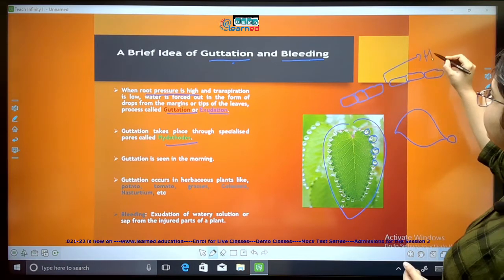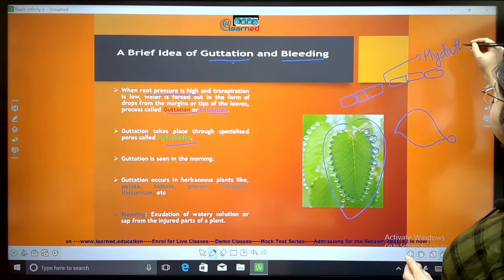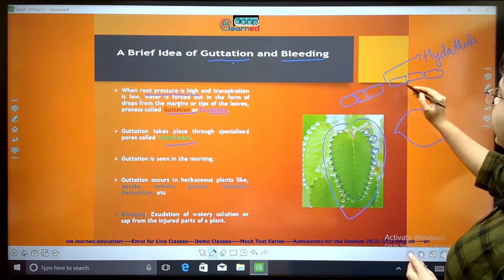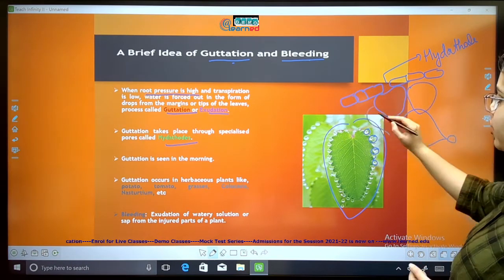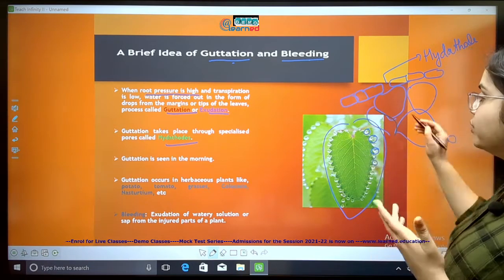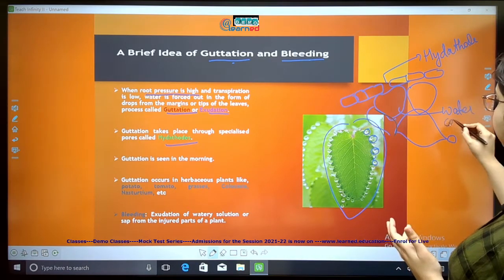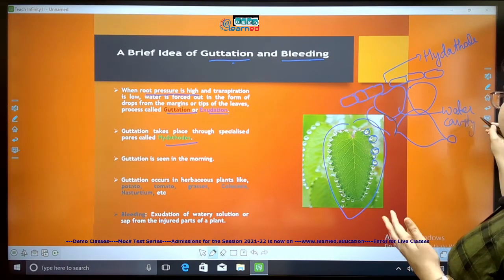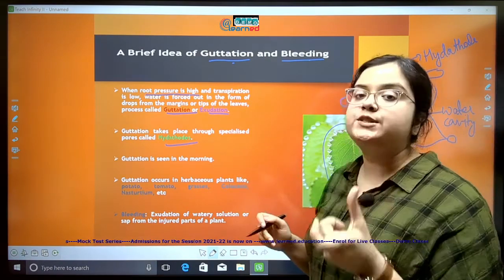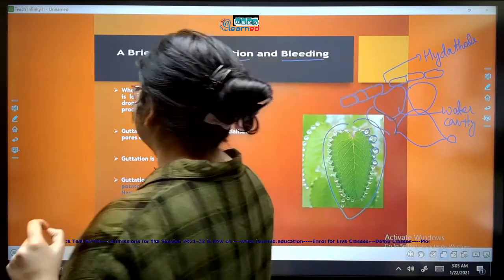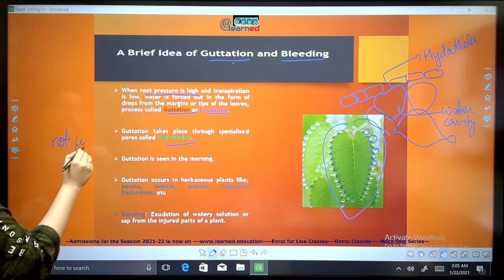So this pore will be known as hydathode, and a hydathode will always be accompanied by large intercellular spaces and water cavities in which the water will be stored, and they will go out in the night time or in the early morning. So the hydathodes are those specialized pores because of undifferentiated, or not fully differentiated, epidermis.